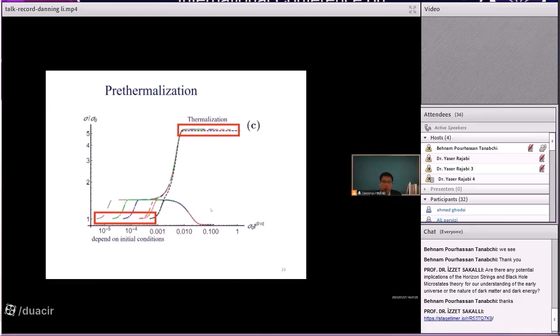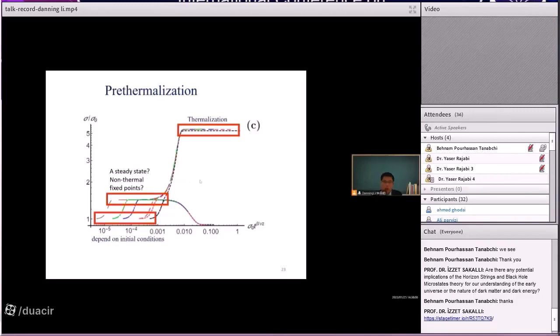And we can see that besides this area, there's another stage. It looks like the system stays in another steady state.